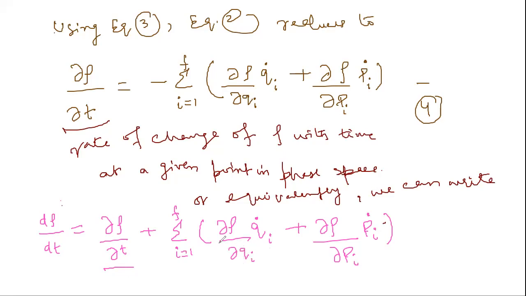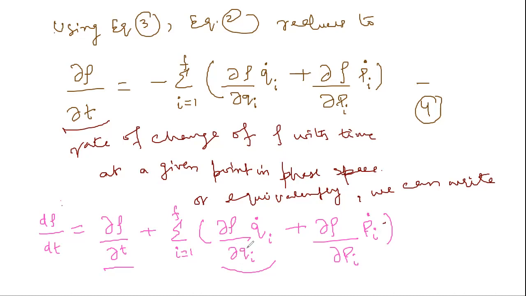See, what is this first term in the sum? It is dou rho by dou qi times qi dot. Qi dot is the time derivative of qi. In this term, actually, if you think about it, we are using the chain rule. We want to see how rho changes with the change in qi, but qi itself changes with time. So I am finding the change of rho with respect to a change in qi using chain rule.